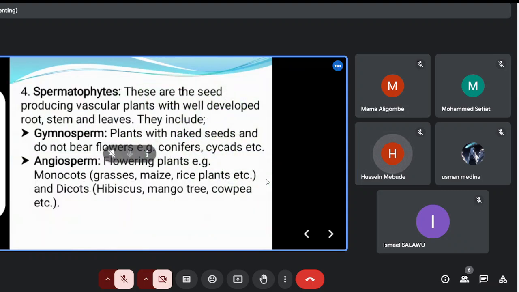Please, I think that noise is coming from your side. So let's look at the last group before we attempt a few questions. The spermatophyte. So what do you think about the spermatophyte? From all we've been saying so far, what do you think about the spermatophyte? Hussein, what can you say about them? Mariam, Mama, what can you say about the spermatophyte, from what we've been saying so far about the other plants as they advance?